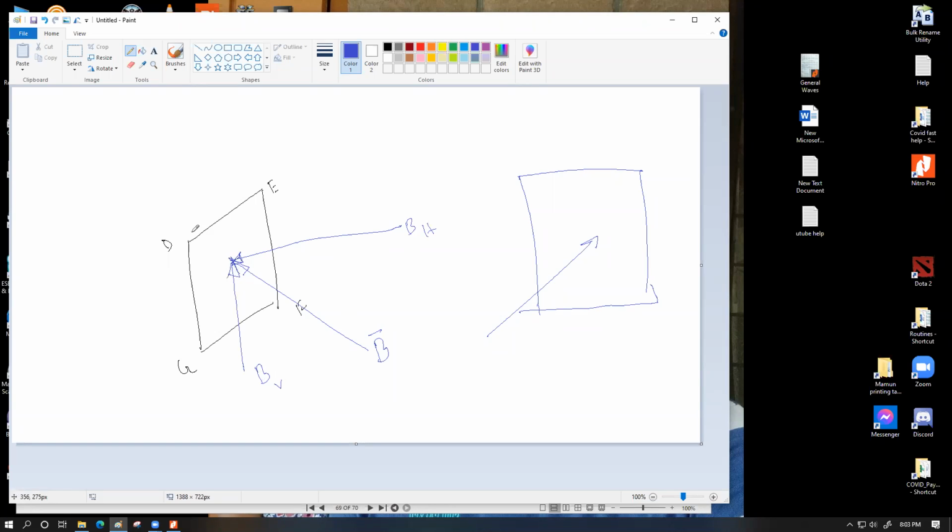So when the window is rotated about this hinge line, around this line by a 90-degree angle, it is going to experience a change of magnetic field lines cutting through its BH part, not through the BV part, because BV is the component of the Earth's magnetic field lines to which the frame is parallel.